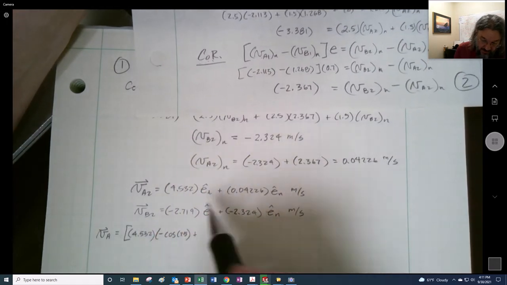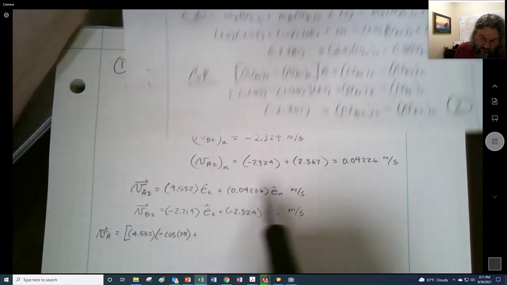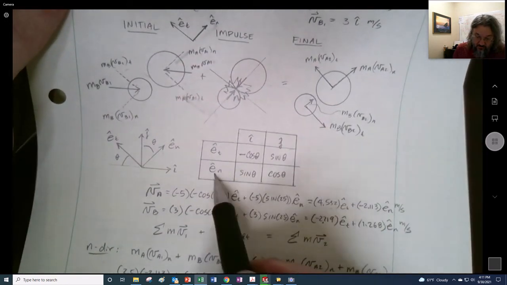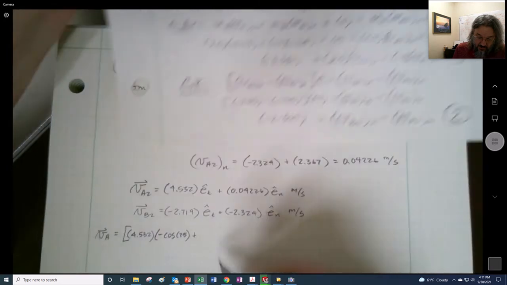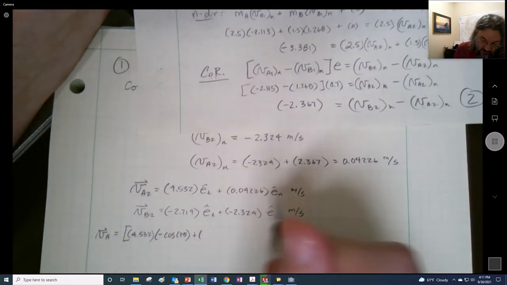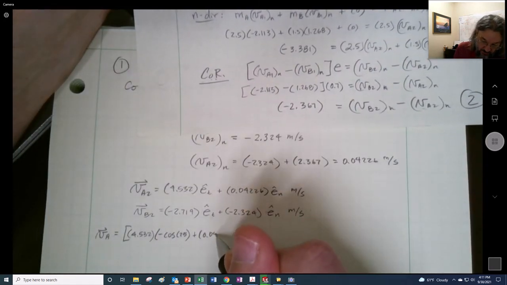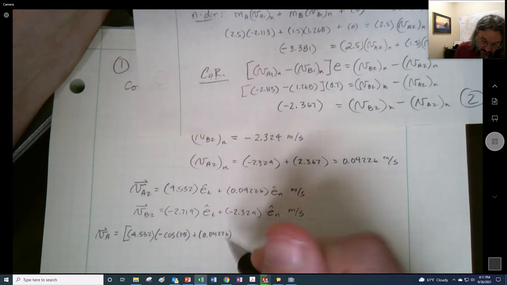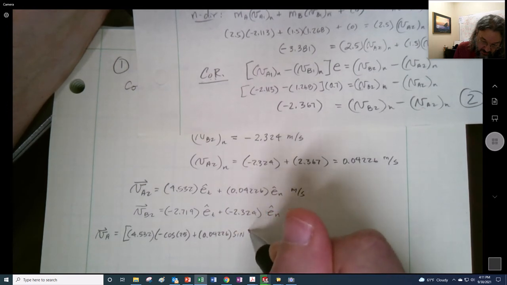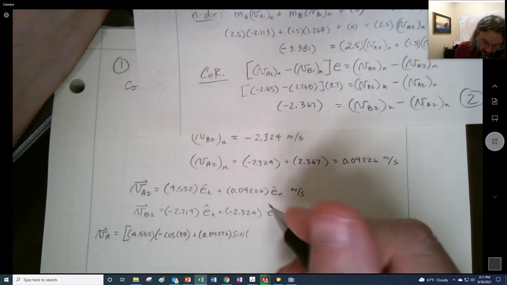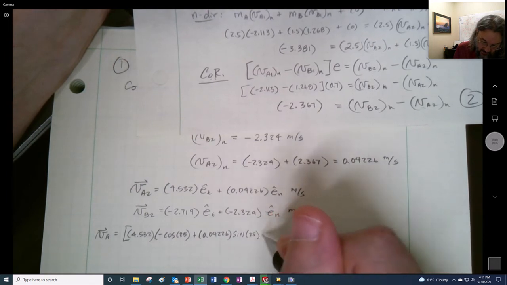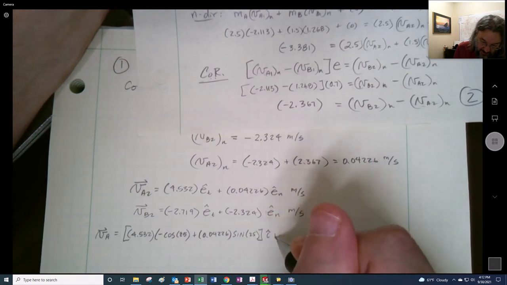And now we're going to take the EN part of it and multiply it by sine. Because they're both part of it, right? So that's going to be 0.04226, and that's the sine of 25, and that's going to be I.